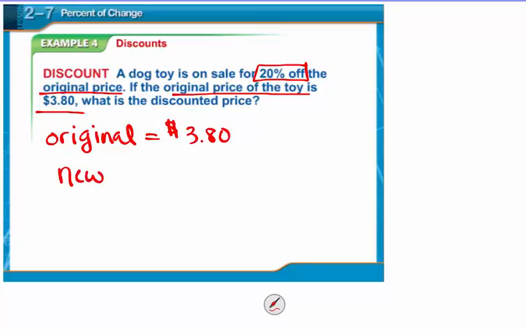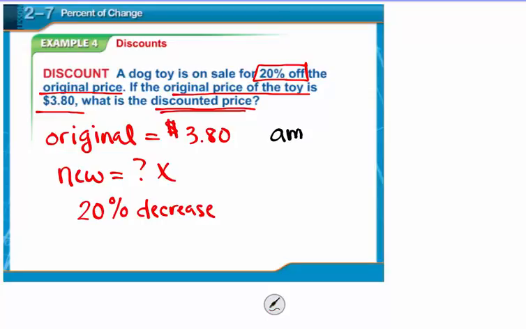I don't know the new price. I'm going to assign the variable X. But I know that the percent off or the decrease is 20%. Now, because we decreased the price from the original, I know that the new price is going to be smaller than the original.